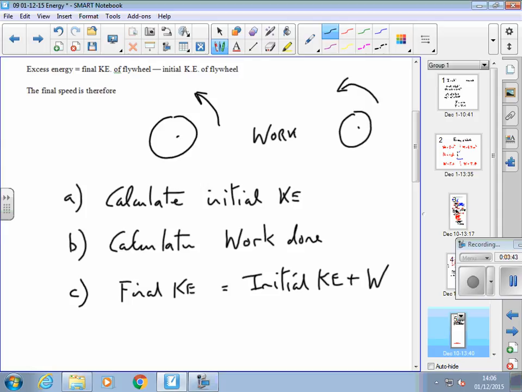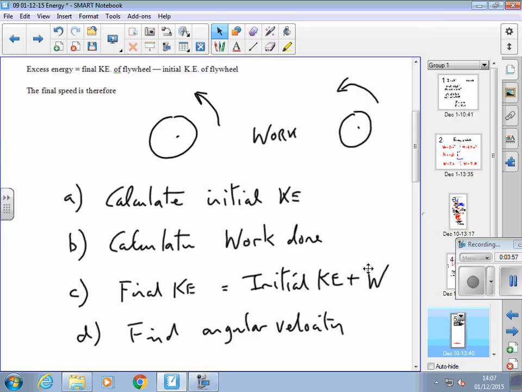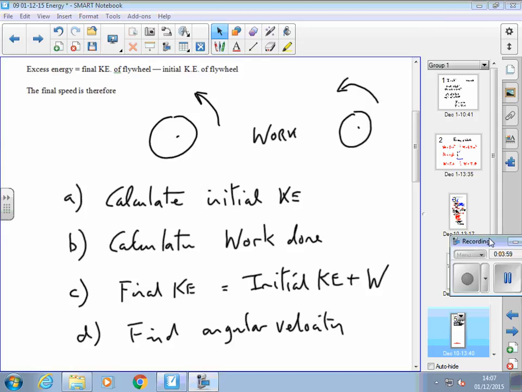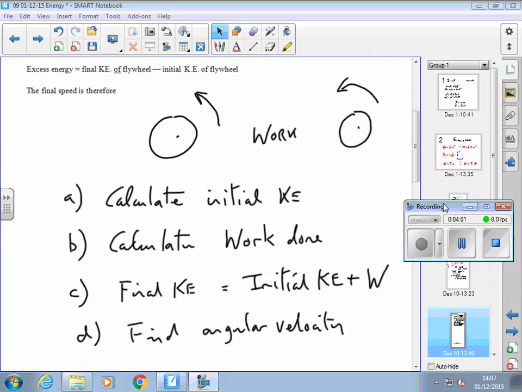And then once we've got that final kinetic energy, we can find the velocity, which is the overall aim of the problem, to find the final velocity of the flywheel. So if you're watching this video and you care to pause it at this point and have a go, those are the steps A, B, C and D.